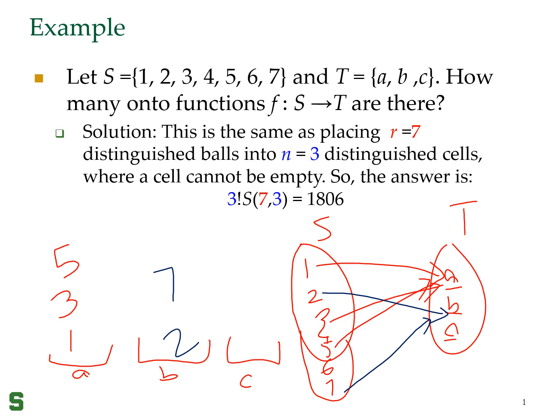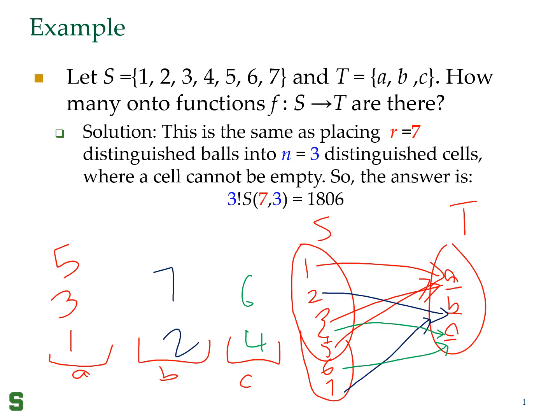Then let's suppose I have 4 that is mapped here, and 6 that is mapped here. So I can take a function from S to T and think of this as throwing these 7 balls in 3 buckets.